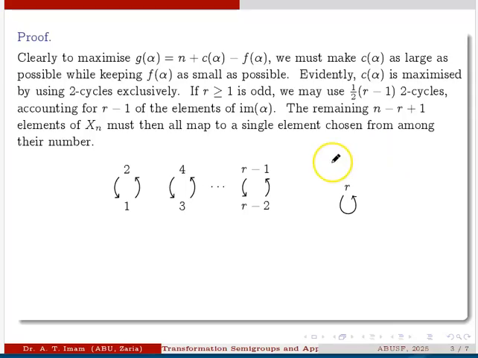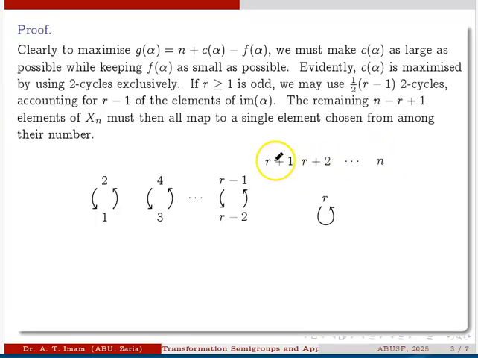And then the remaining elements of the domain of alpha, r plus 1 to n, you allow them to map to r. This will give you an element with the maximum number of cyclic orbits and the least number of fixed points. There is another way one can do it. You can avoid having a fixed point. We are going to do it in the next slide. But to do that, you would have to sacrifice one of the cycles, but that will not change the gravity.